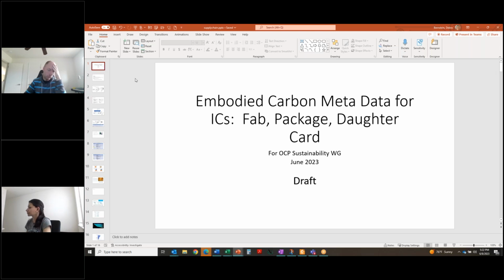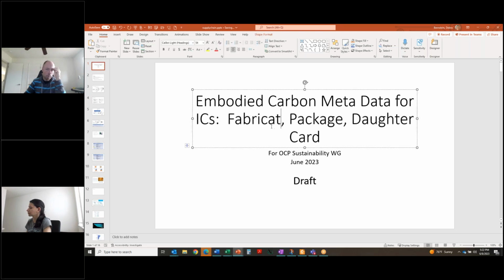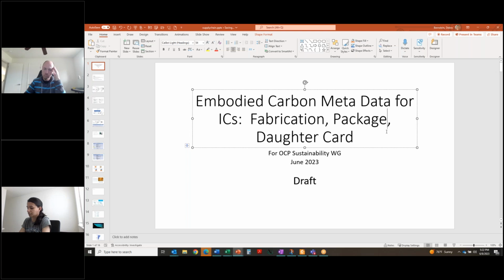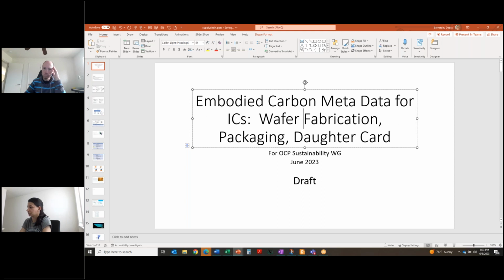So in order to talk about that, and I probably should make this a little bit more clear, for integrated circuits, we're going to talk about the fabrication, the wafer fab, making it even more clear. And then the packaging up of the die from the wafer fabrication with other components.